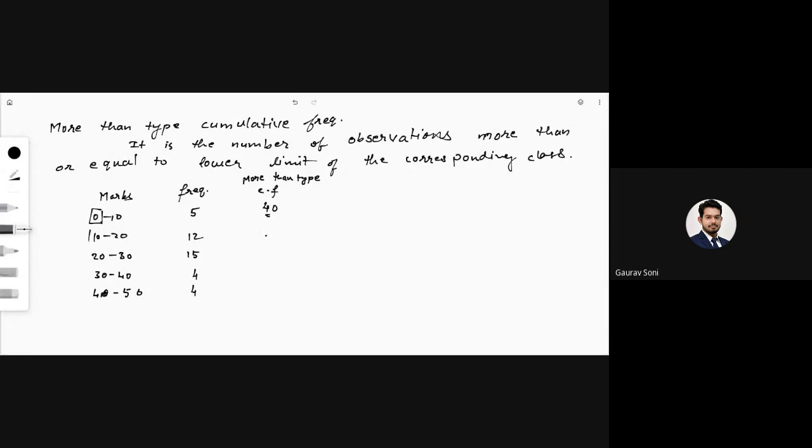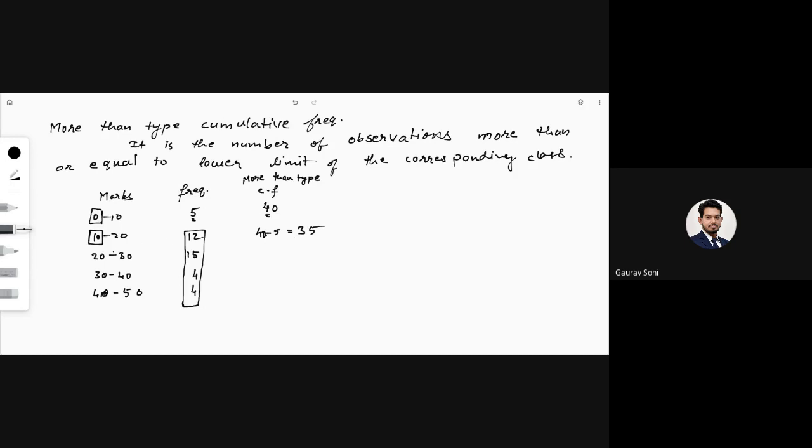The lower limit is 10. So all the observations having more than 10 marks, that is what I need to calculate. All these are having more than 10 marks, but these 5 have less than 10 marks. So what I'm going to do, 40 minus 5, which is 35.